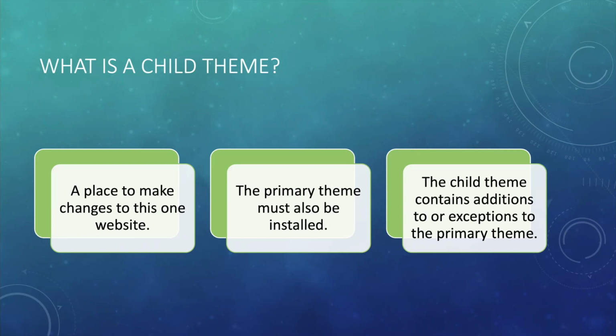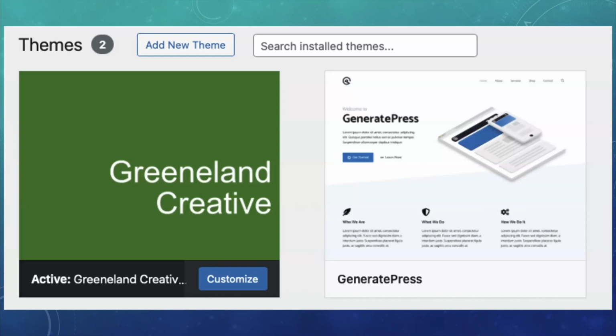So what a child theme does, and on this next screen, this is what it looks like on the back of a website. GeneratePress is here, it's on there, but you see how in the bottom left-hand corner over here, the Greenland Creative theme says active. It doesn't say that GeneratePress is active. However, it does still have to be installed, because this child theme is referencing and incorporating by reference the files from here.